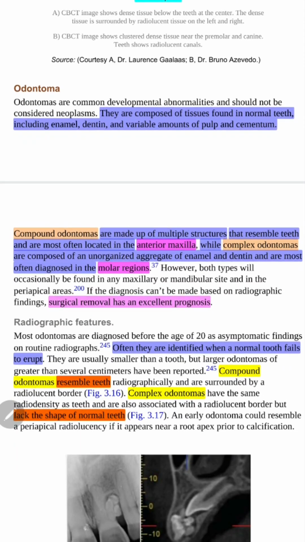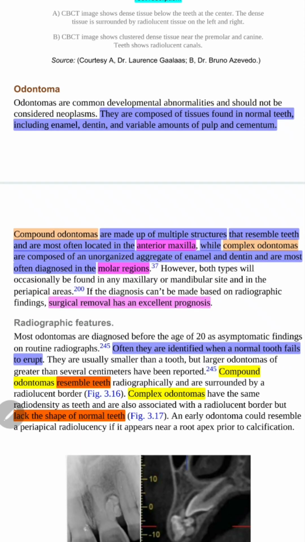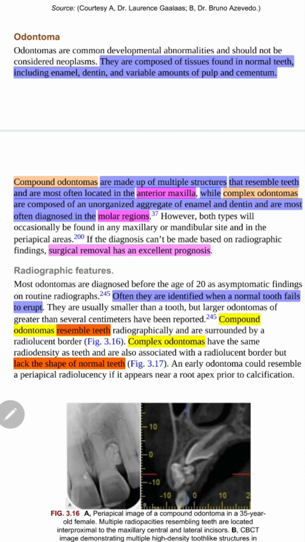It has two types, compound and complex odontomas. The compound resembles a tooth structure in shape and in component. As for the complex, it lacks the shape of normal teeth, but we can see some tooth structure like dentin and cementum that can be differentiated in them.